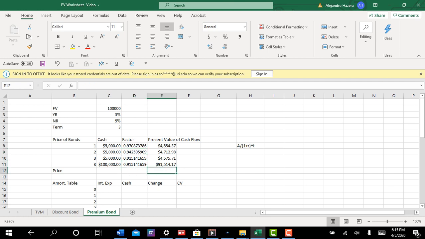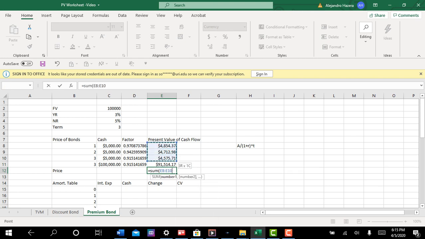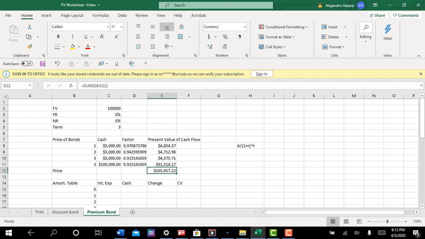Okay, so our price is basically the value of all the cash flows that we're paying out here. The price that we get for this bond is the sum of all our cash flows, the sum of each of these 5,000 and that 100,000. So the sum of all our cash flows is 105,657. This is the amount that you're going to get for the bond.